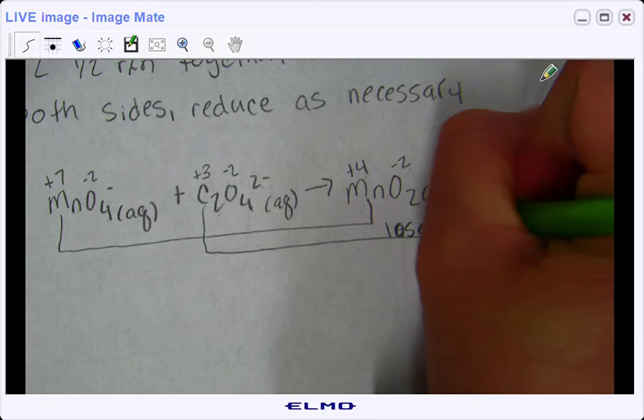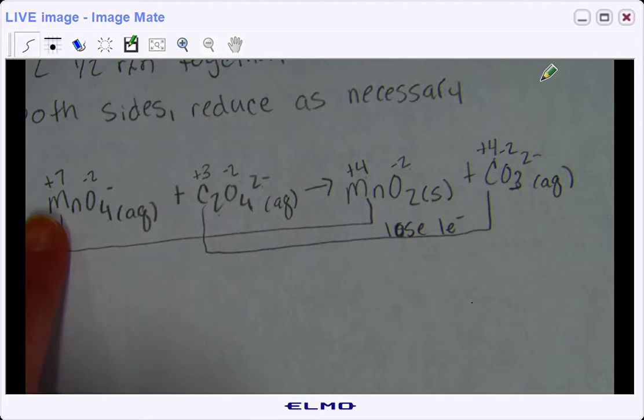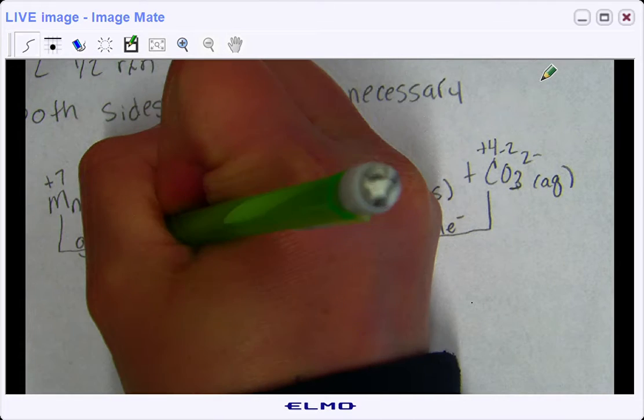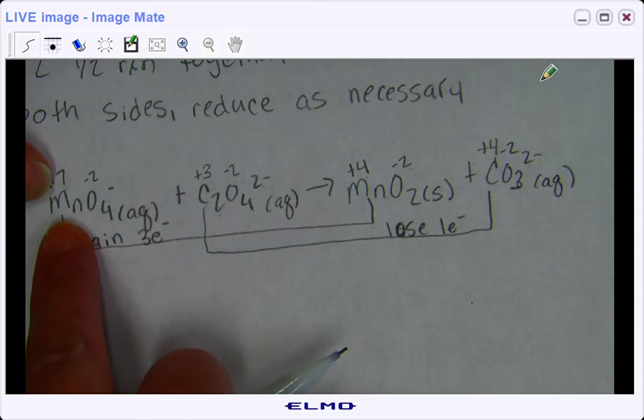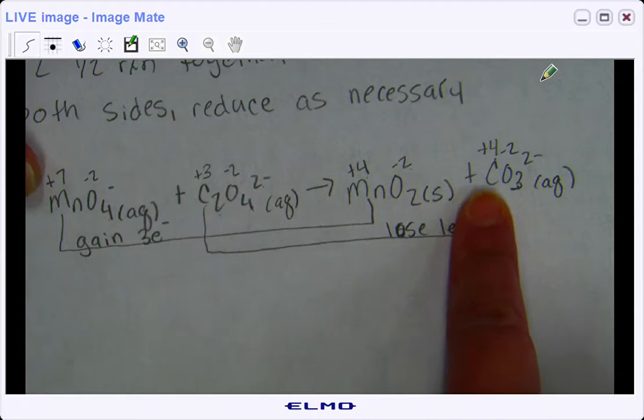How many electrons? 1. It went from a +3 to a +4. And manganese went from a +7 down to a +3 because it gained 3 electrons. All right, so my reduction here is going to be the manganese, and my oxidation is this carbon.